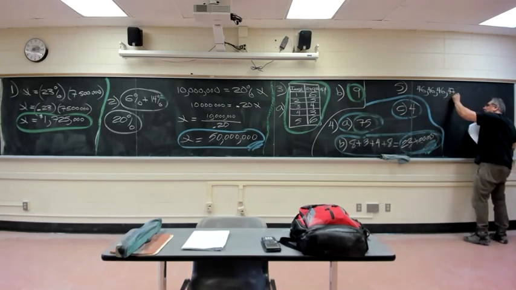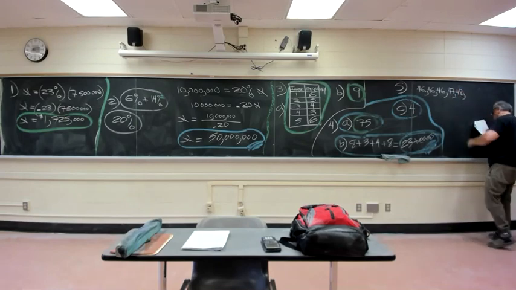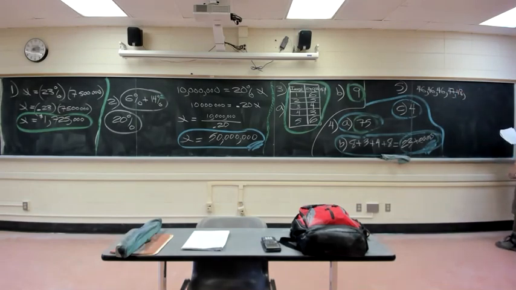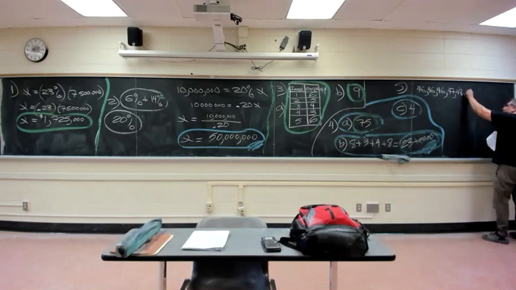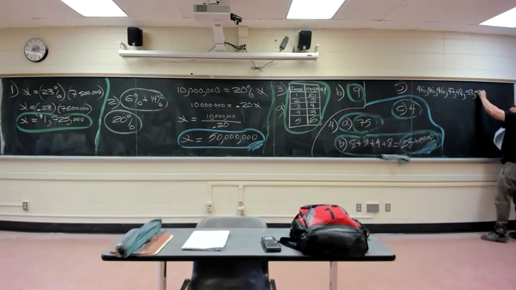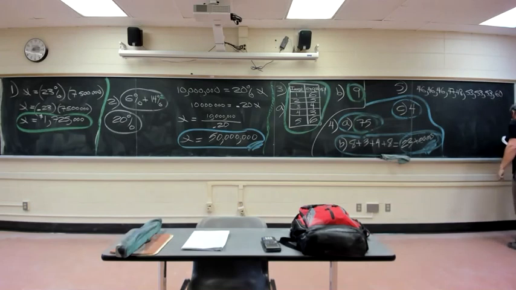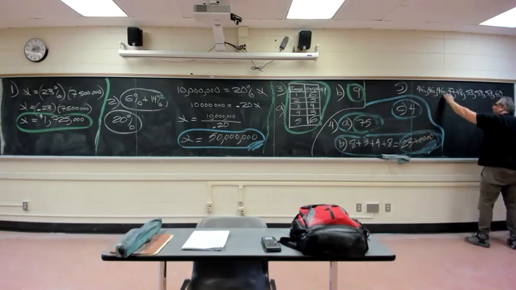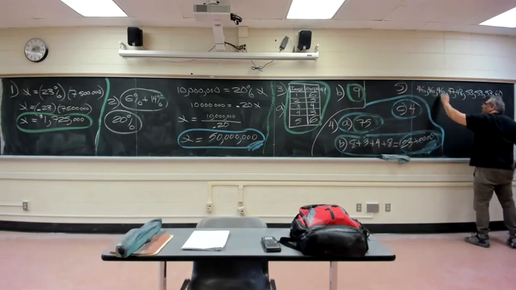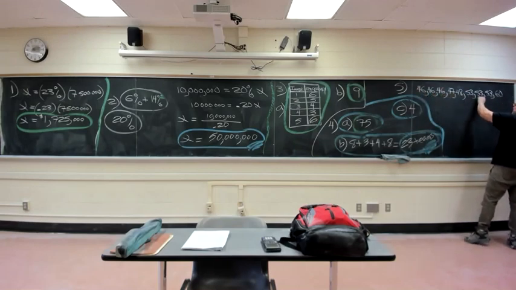Then is 53, 3 times. Then this guy is 60. So we got 1, 2, 3, 4, 5, 6, 7, 8, 9.